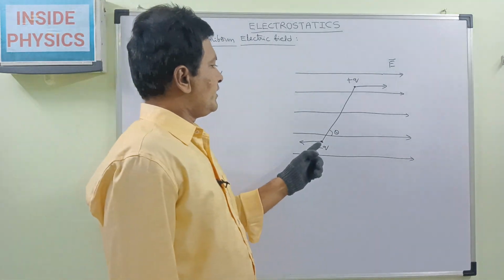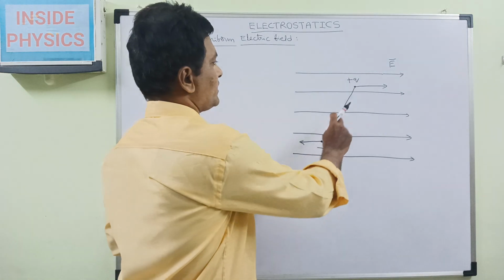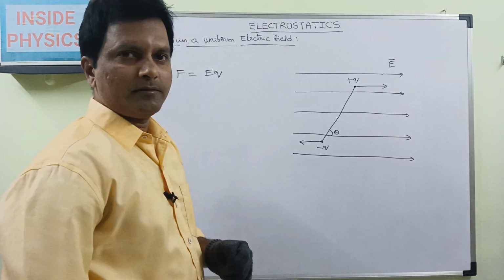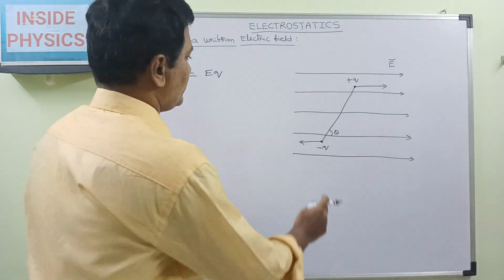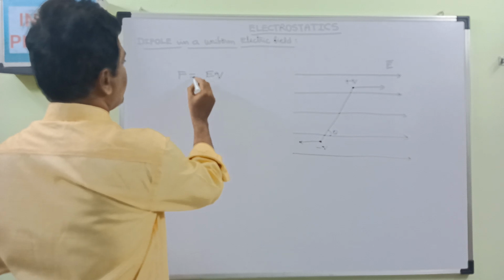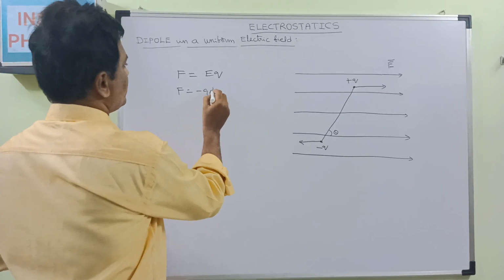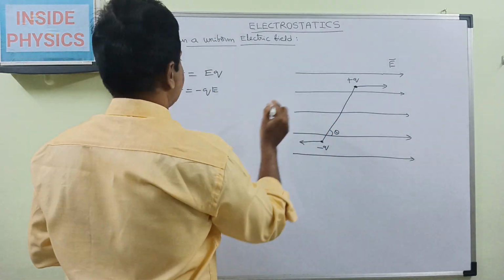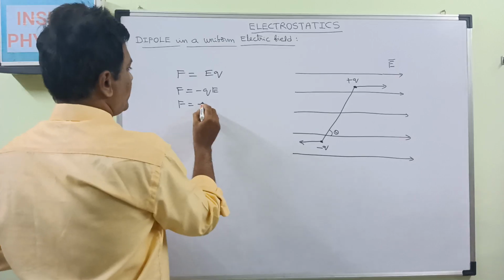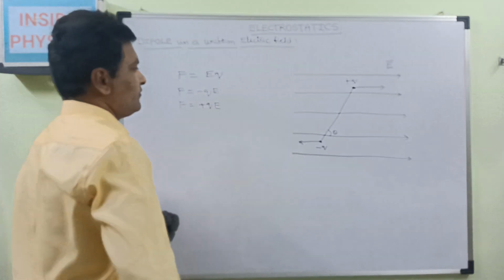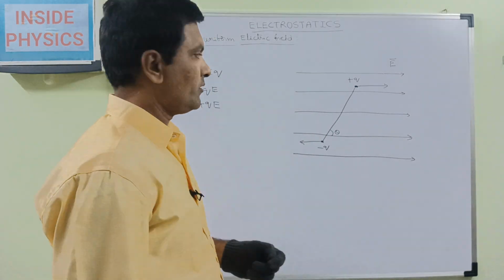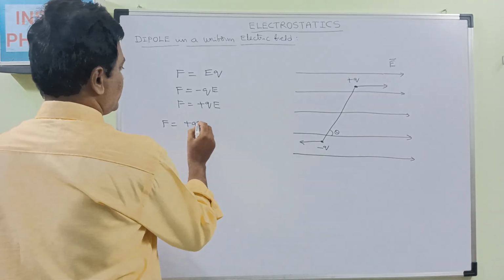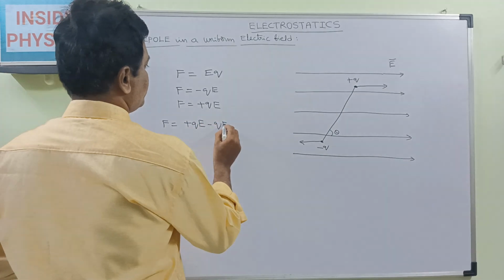In this way, two forces act on the two charges of the dipole in opposite directions. If the force on this charge is taken as minus QE and the force on this charge as plus QE, the net force acting on this dipole will be 0.